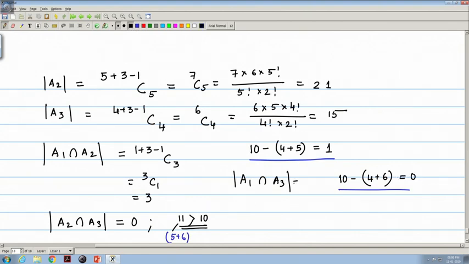So, for A1, A2, A3 it is 0 plus 3 minus 1 C0, and this is equal to 2 C0, which is 1. So, I got these values: this is 21, this is 15, this is 3, 1, and this is 0. Another value I have to compute is A1, A2, A3.